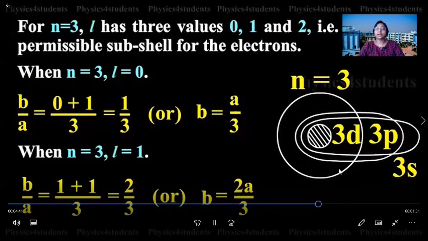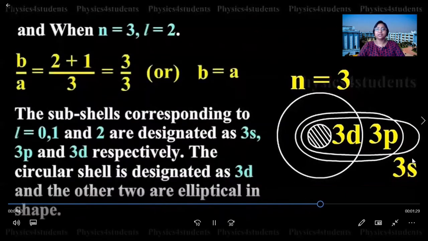Here you can see the structure 3D, 3P, 3S. The subshells corresponding to L is equal to 0, 1 and 2 are designated as 3s, 3p and 3d respectively. The circular one is designated as 3d and the other two are elliptical in shape.